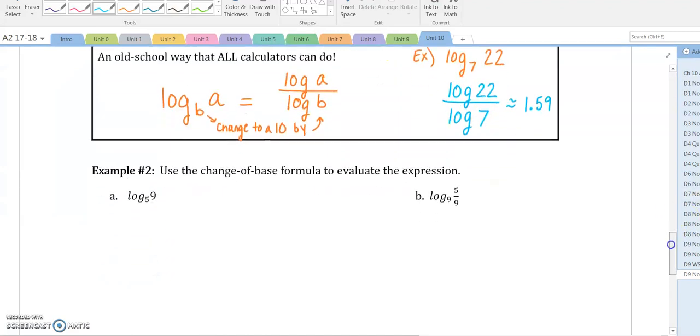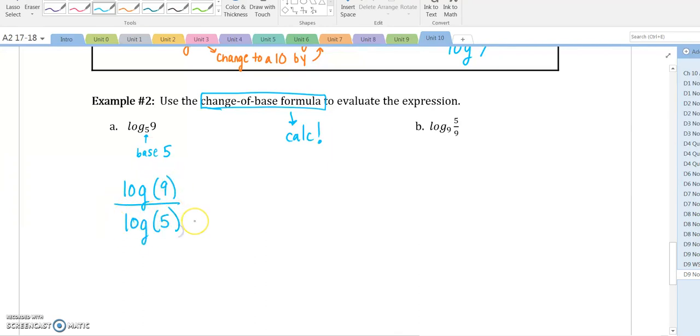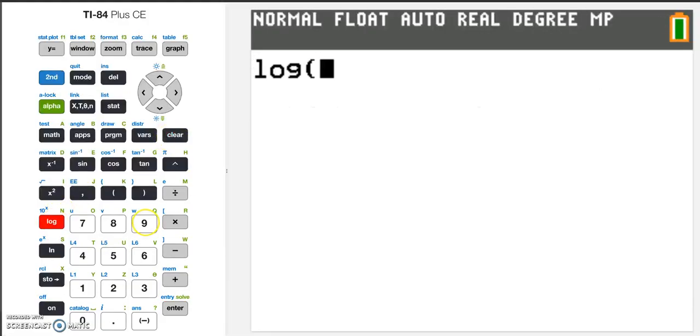So let's try a couple more with that idea. Again, use the change of base, that's this formula we just learned, to evaluate the expression. That means we're also going to be using the calculator. Right here, the base is not 10, the base is 5, which means I need the formula. So I'm going to do log of the upper number and divide it by log of my base. To practice typing it in our calculator, we would do log of 9, close parentheses, divided by log of 5.